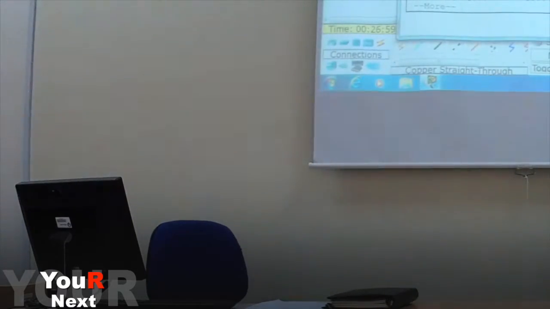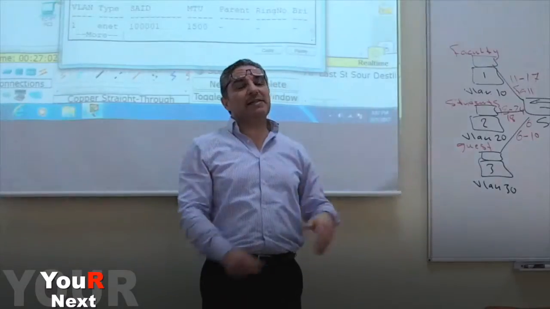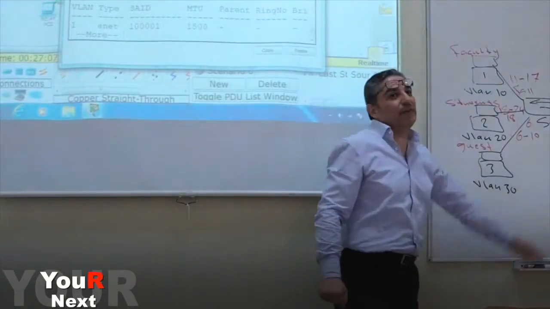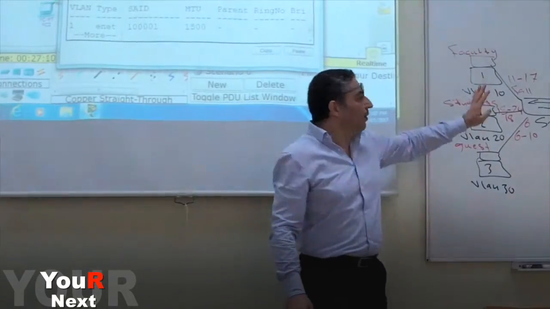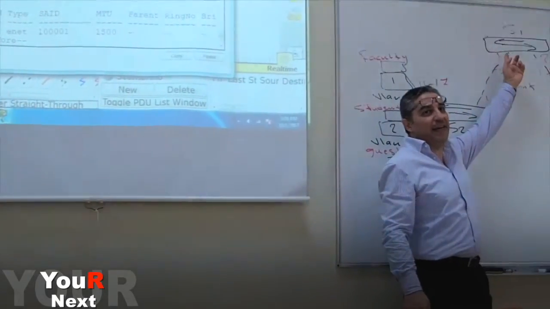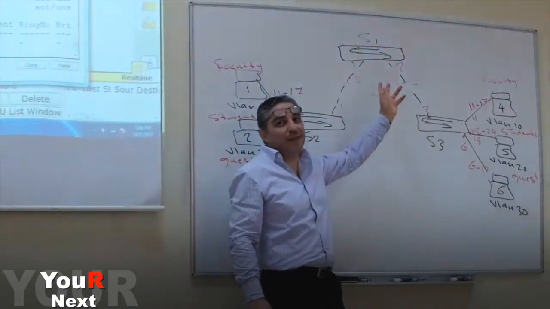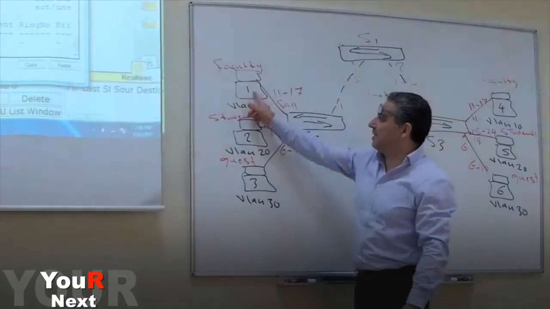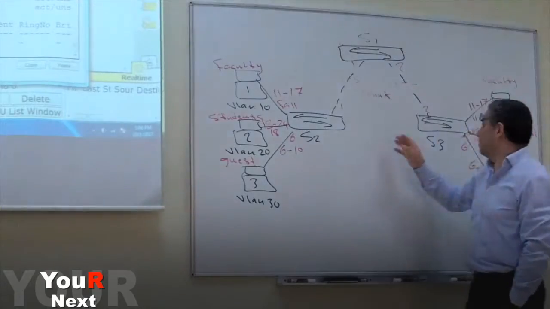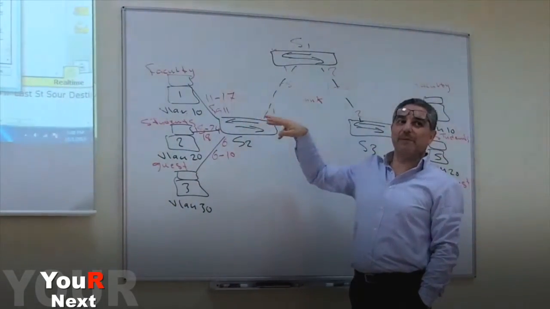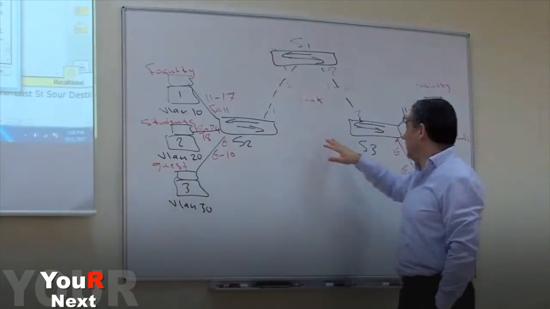Next, you need to assign the ports to the VLANs. Now you already created the VLANs, so next step, we're going to take some ports and insert them into the different VLANs. Yalla. In this exercise, only the PCs connect to switch number 2 and switch number 3, so you need to assign the ports inside switch number 2 and switch number 3.